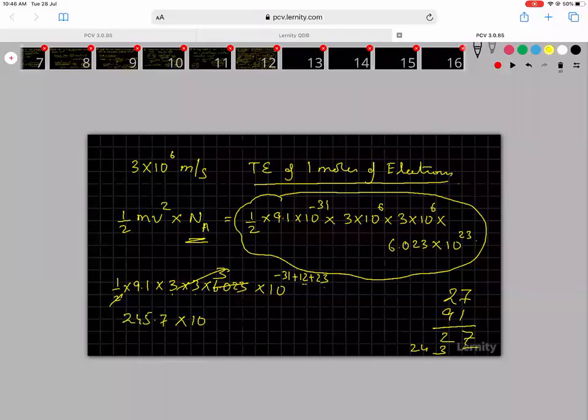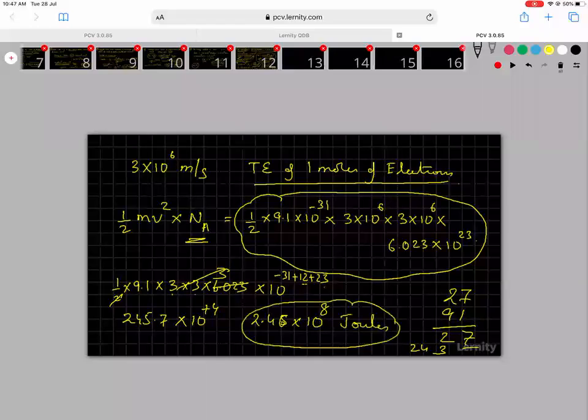This is 35, so plus 4. So 2.4546 into 10 power 8 joules. So this is the total energy for 1 mole of electrons.